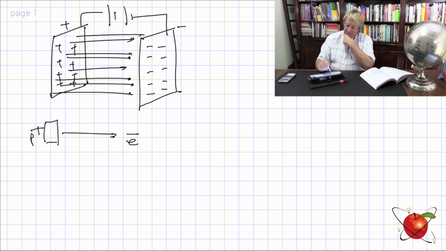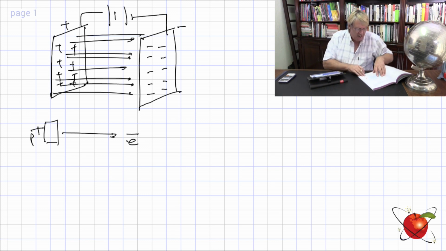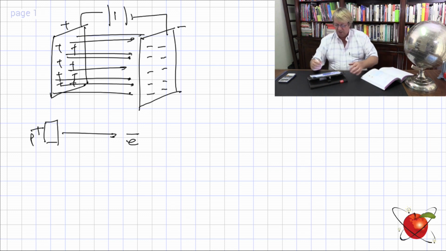Now, what is an electric field? Let's just look at how it's defined. An electric field is a region of space where a charge experiences a force. The force exerted by an electric field E on a charge Q is F equals QE.